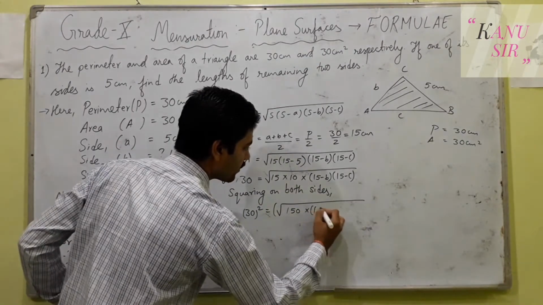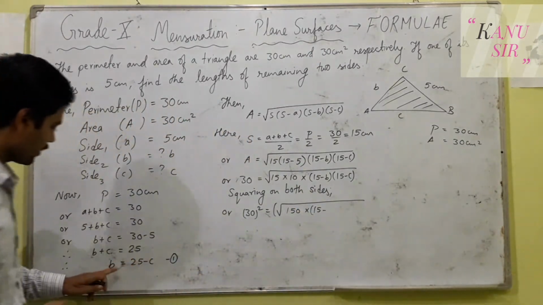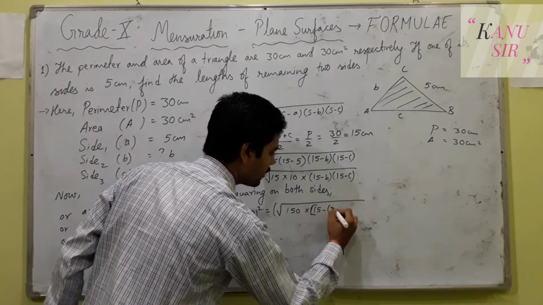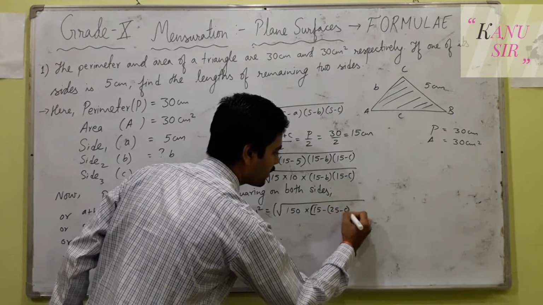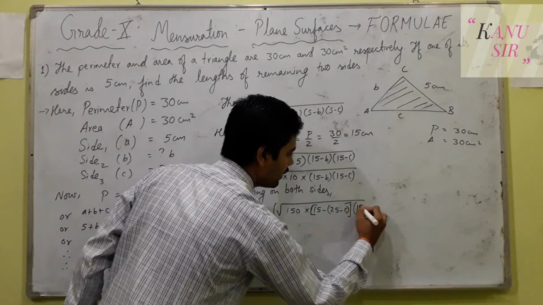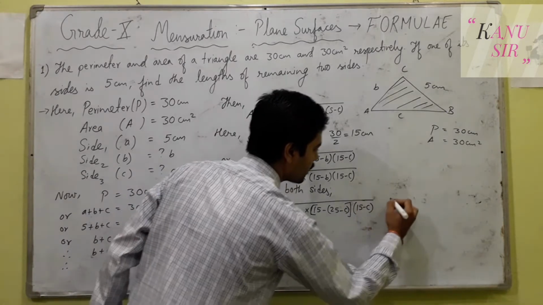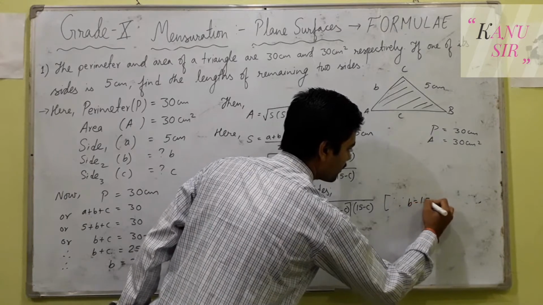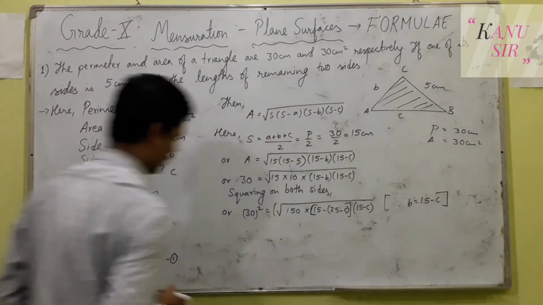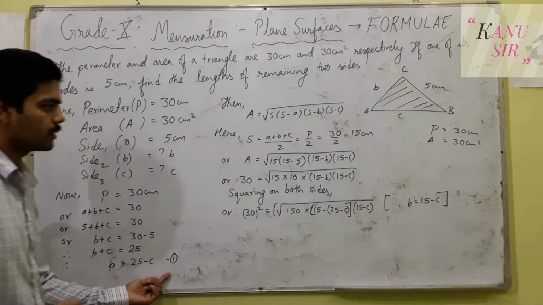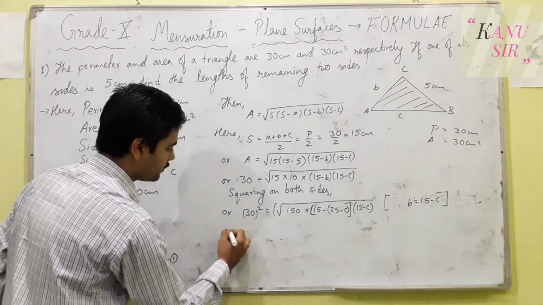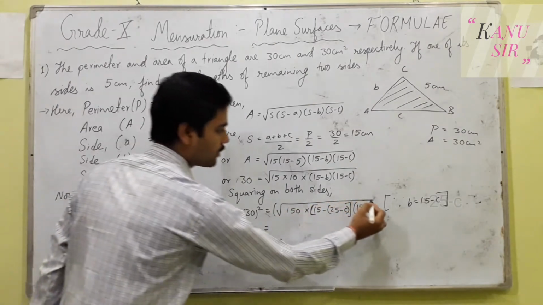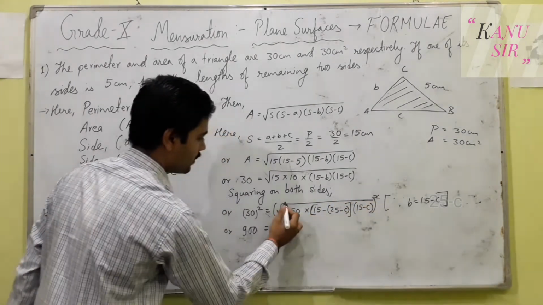Then we can write 15 minus the value of B, which is 25 minus C. So you can give a bigger bracket and write a smaller bracket, 25 minus C, and the bracket 15 minus C, because the value of B is 25 minus C from equation 1. Now 30 square you will get 900, then the whole square will be removed.